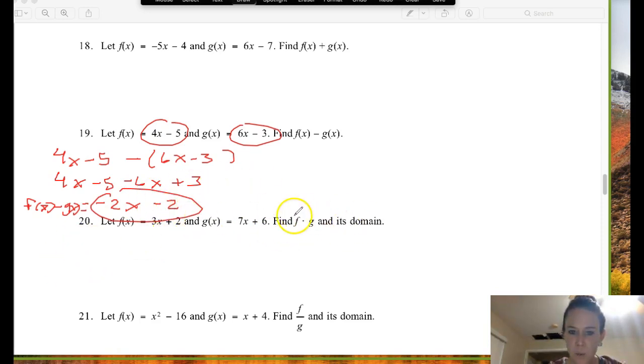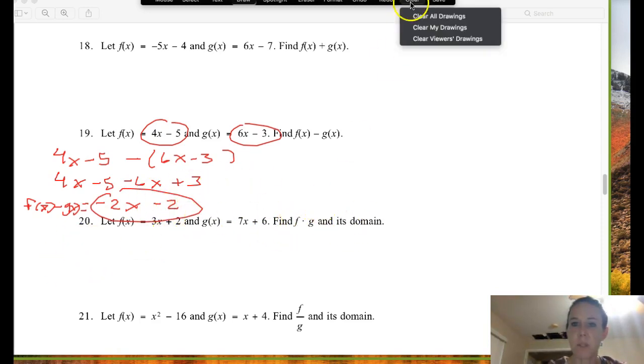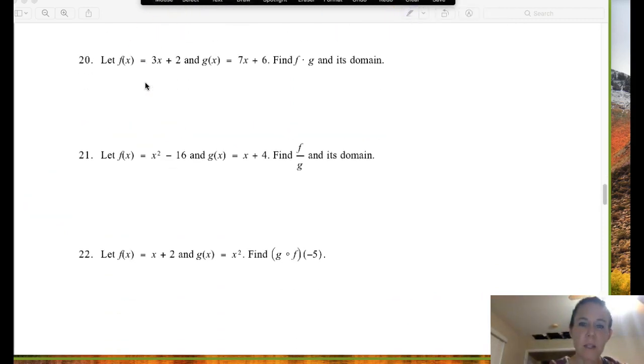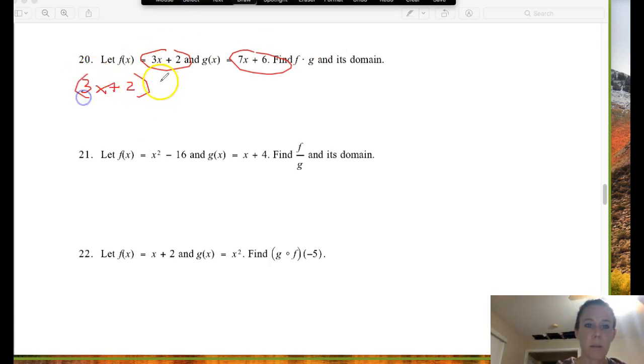All right, let's do the next one. Find f times g. That's our next guy. We're going to test you on all of these. Literally, to do f times g, you just multiply the functions. So we're going to go 3x plus 2, and we're going to multiply it by 7x plus 6, and it's a FOIL problem. First terms, this is going to give me 21x squared. Outer terms, 3x times 6 will give me plus 18x.